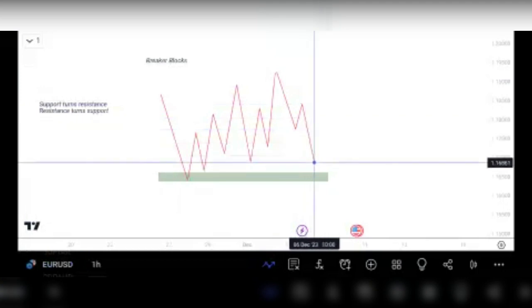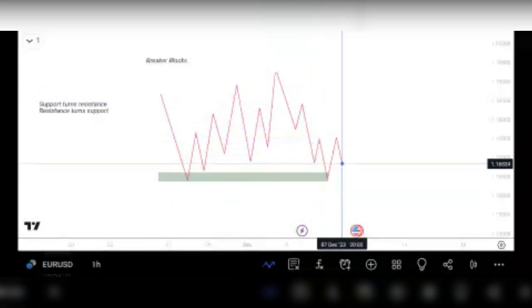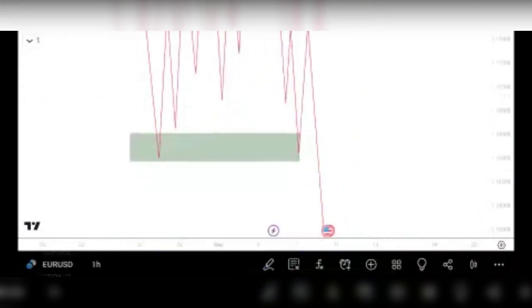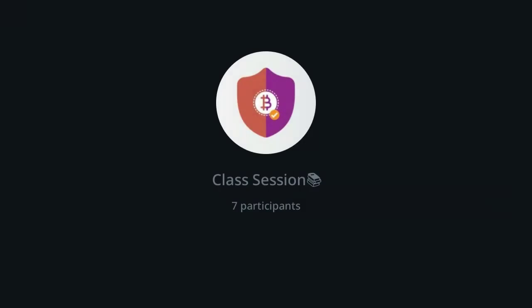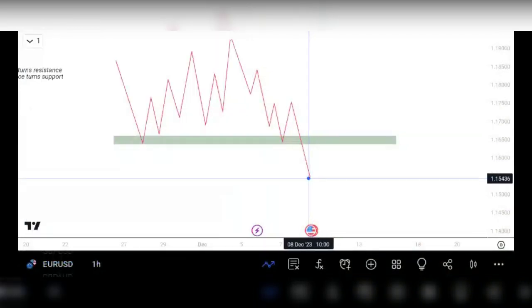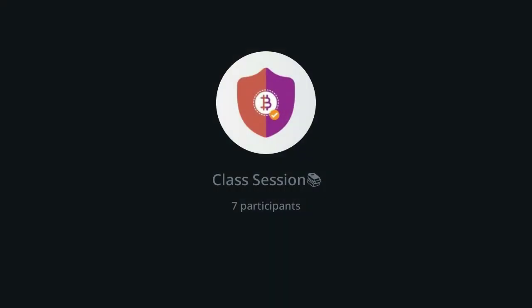Now, price comes to that point, pushes down, taps on this point, reacts from it, then breaks through this point. Then in the long run, after price breaks through, it comes back into that same zone, taps into it, and starts selling down. What do we call this?